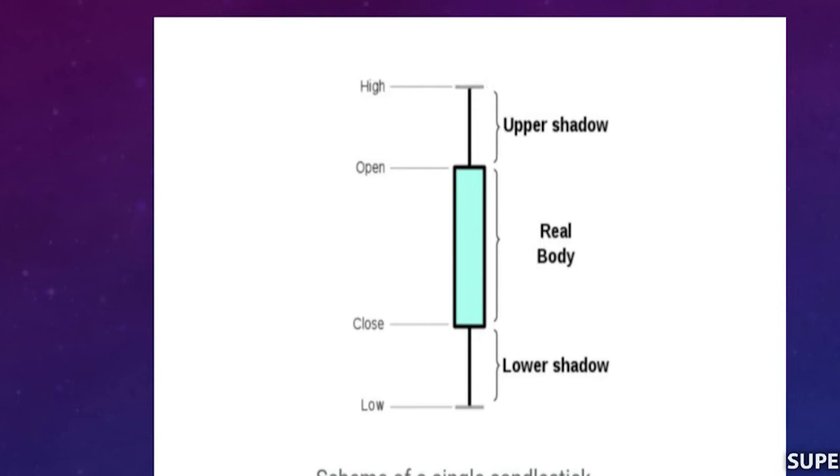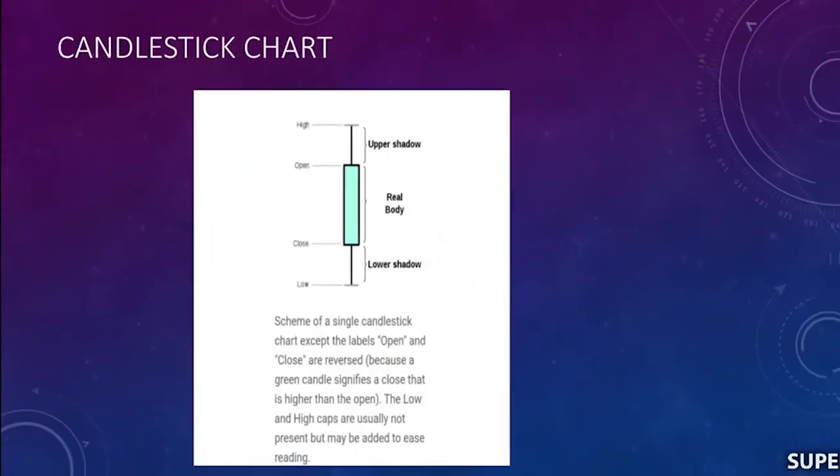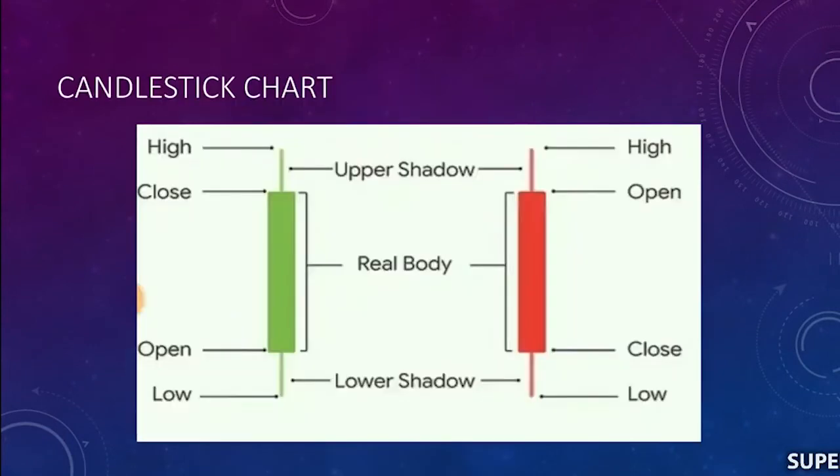The opening price and closing price can be understood by using the color of the real body. The real body's color may be black and white, or green and red. If the real body's color is green, the opening price is the lowest part of the real body and the closing price is the upper part of the real body. So here the opening price is low and the closing price is high.